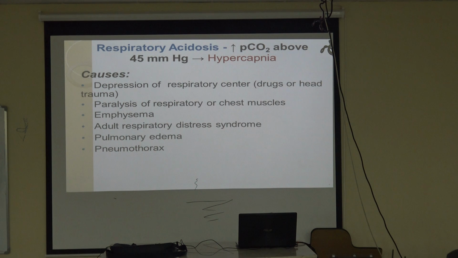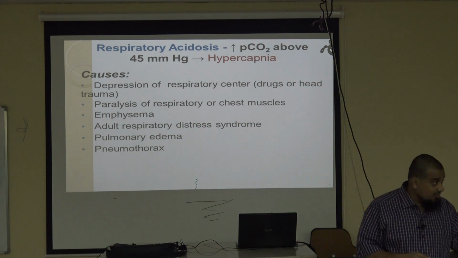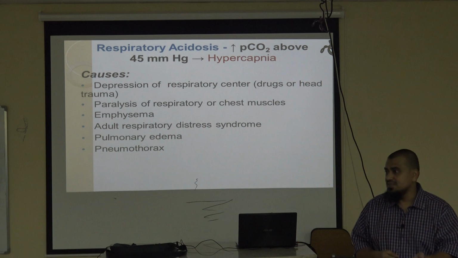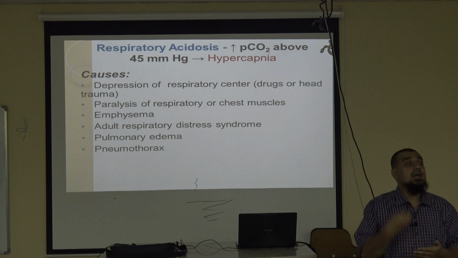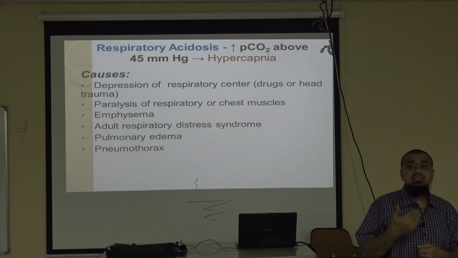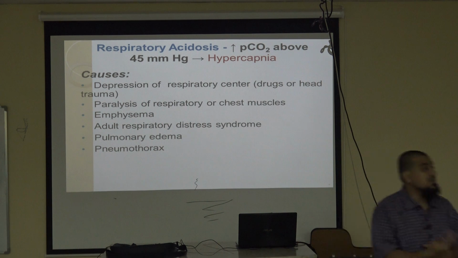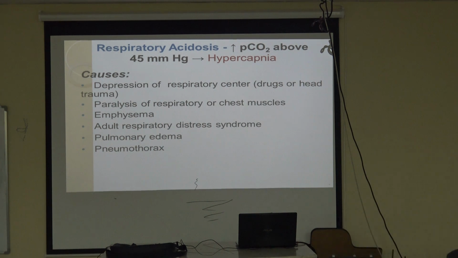No, it's not a disease itself. So what is this? It's a complication, a consequence of some diseases. It's not a primary disorder. It happens as a result of some disease. It's a response to a disease, a sequel to a disease.